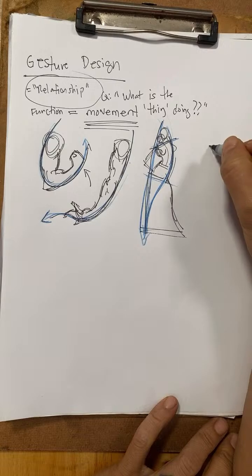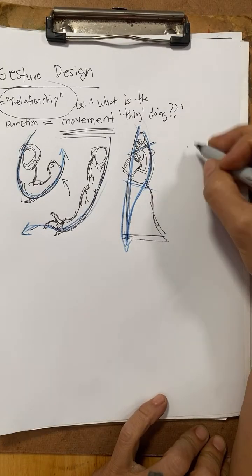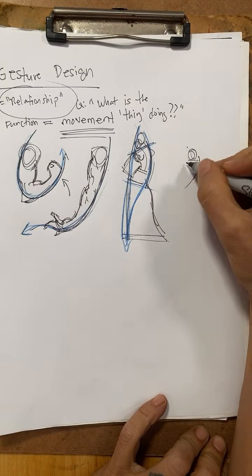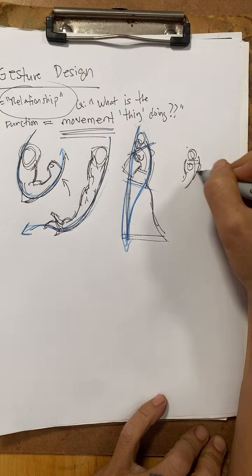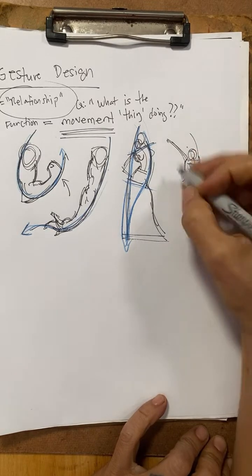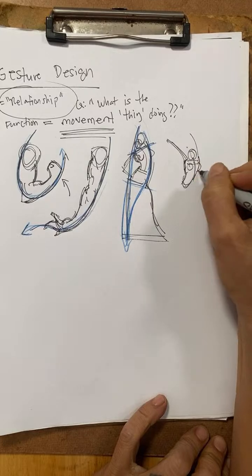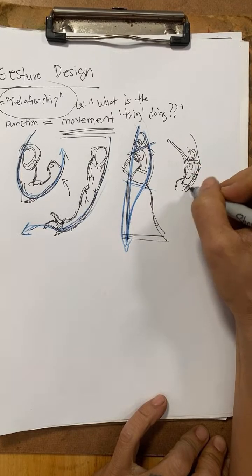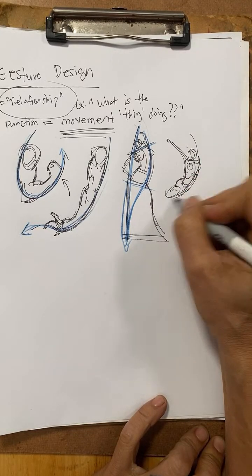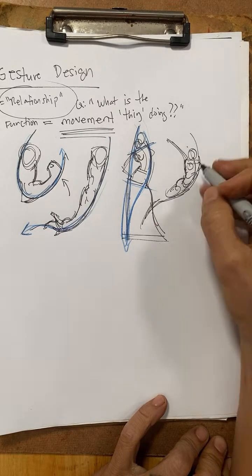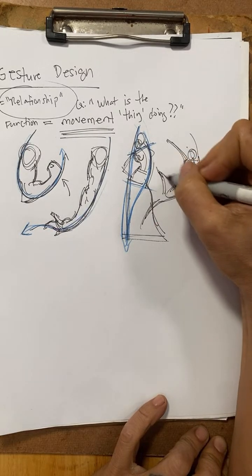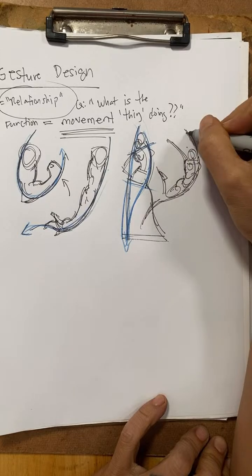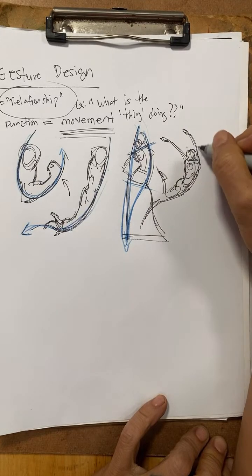Of course, we can have dynamic poses that aren't standing. For example, let's say you have a ballet dancer or a gymnast or a yoga teacher doing a very dynamic pose.